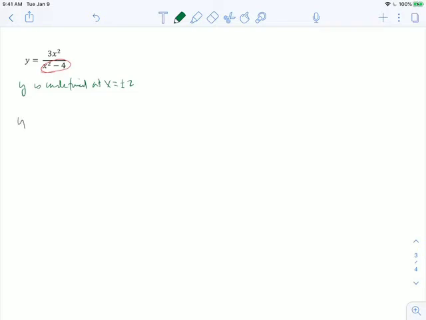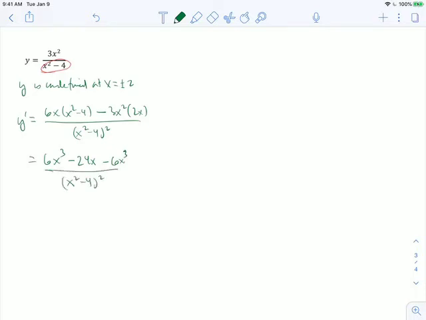So the quotient again, y prime is going to be equal to 6x times x squared minus 4 minus 3x squared times 2x over x squared minus 4 squared. And that looks like I'm going to get 6x cubed minus 24x minus 6x cubed over x squared minus 4 squared. Those cancel out. And so I get minus 24x over x squared minus 4 squared.